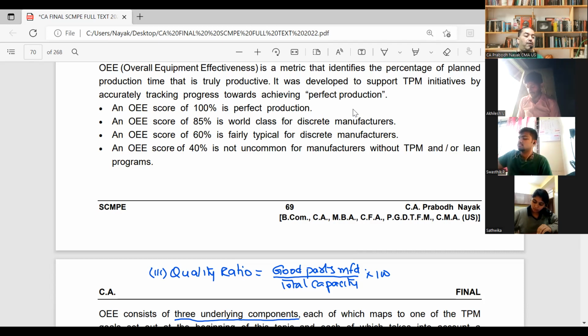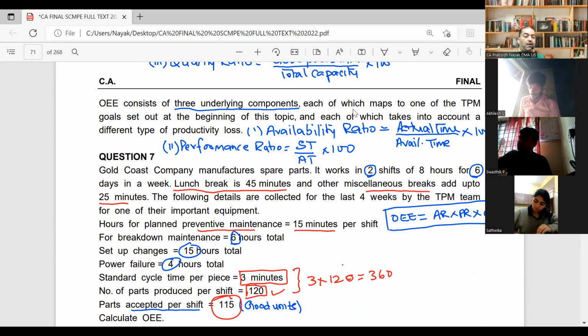by collecting information related to downtime and losses on machines. Downtime means the time that is required for breakdown and all these things.